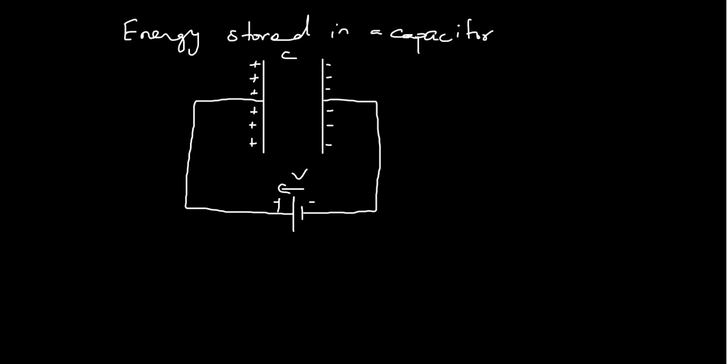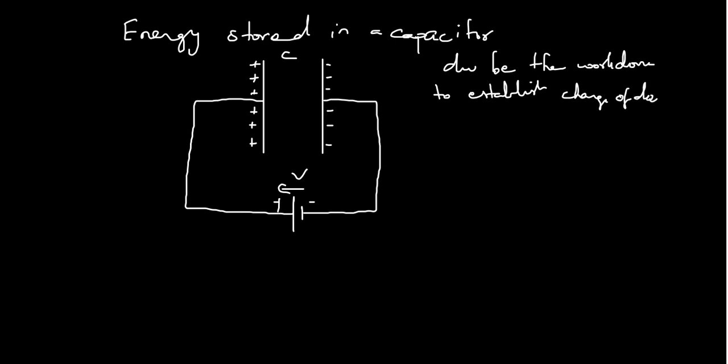Now here, let dW be the work done to establish a charge of dq. Normally we say that W is the work done to move the positive charge from one side to another.